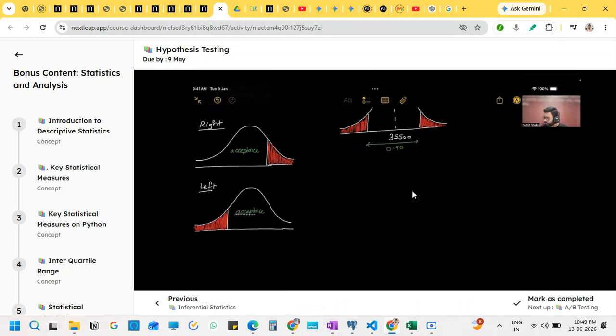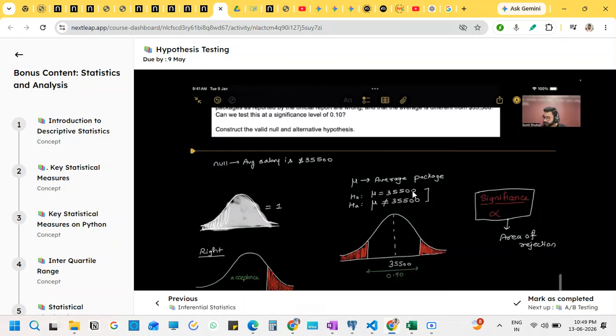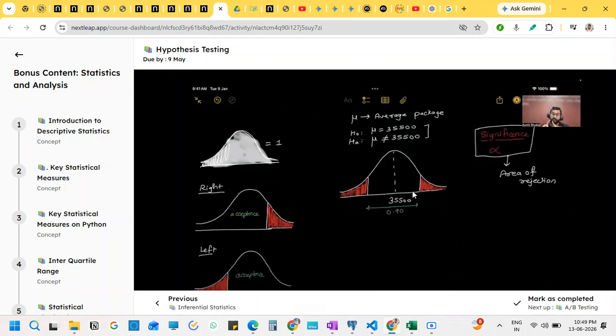Now, in your question, when they say significance level, or when they use the term alpha, they are talking about the area of rejection. So here the significance level is 0.10, so 0.10 is the area of rejection.